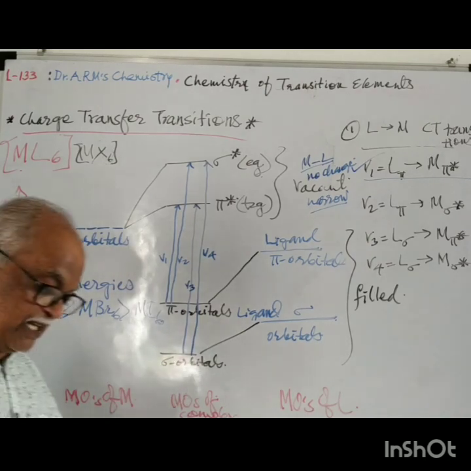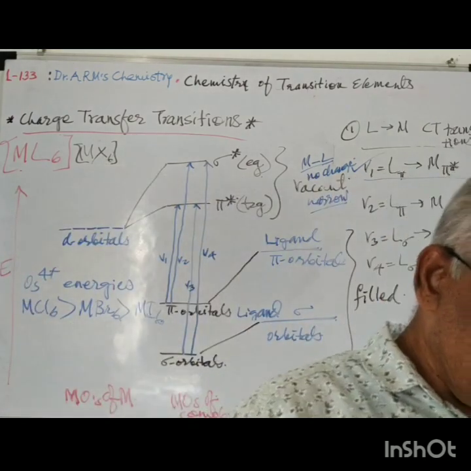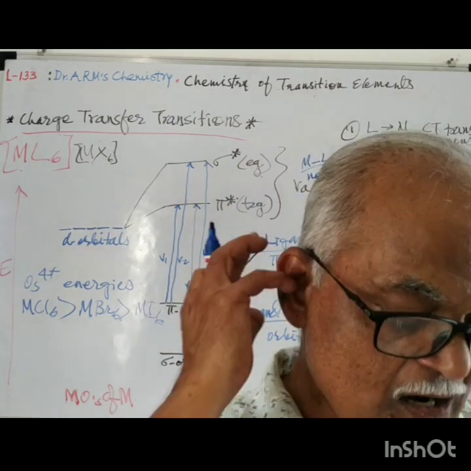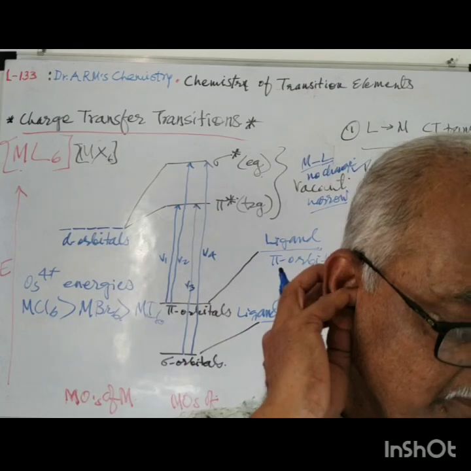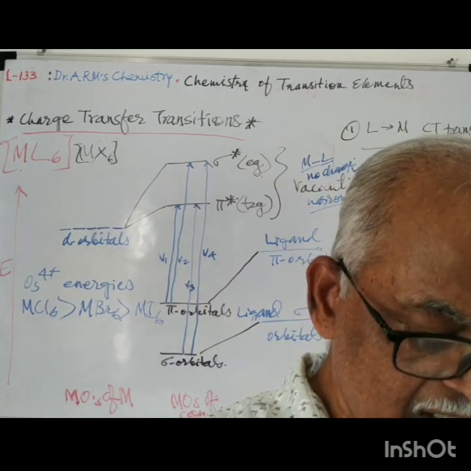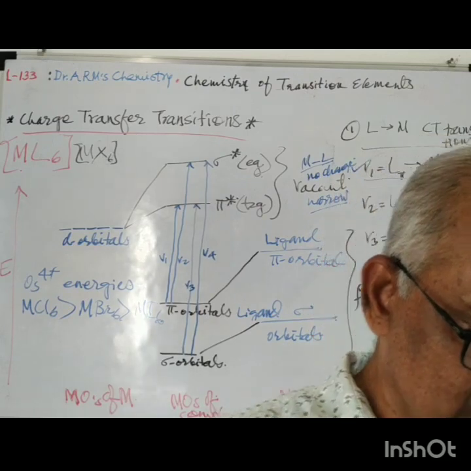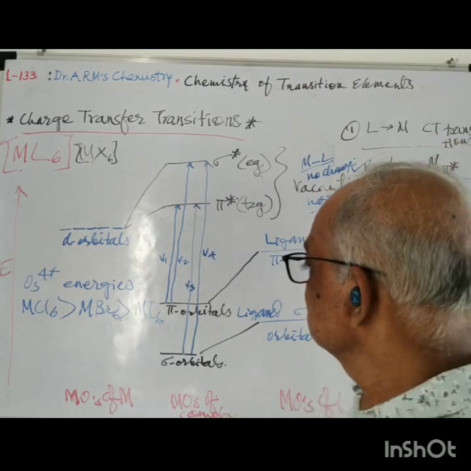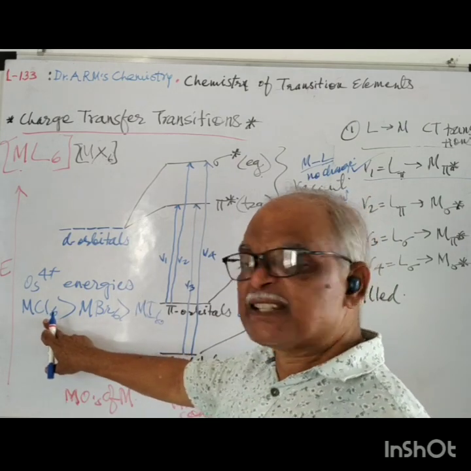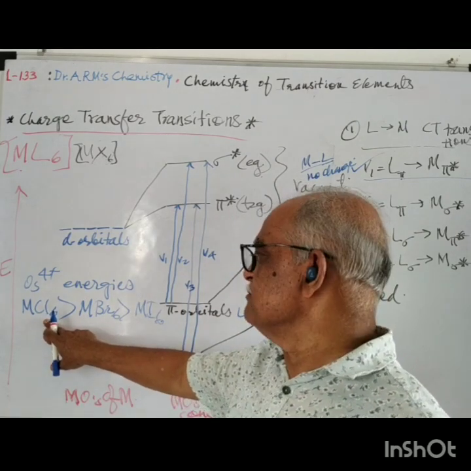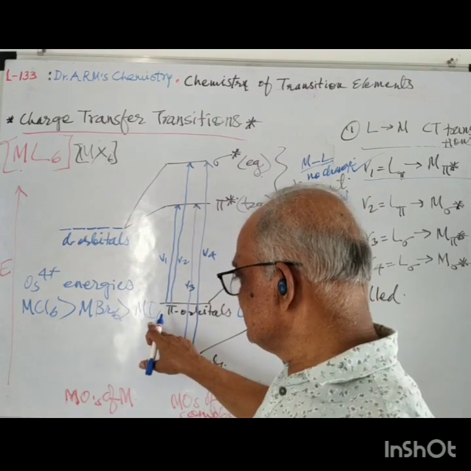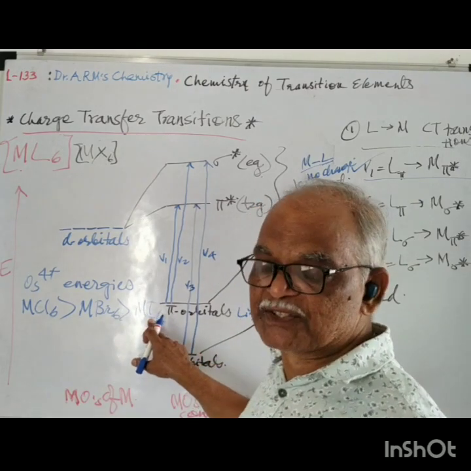So this order depends upon the ionization potential of the metals and the easier oxidizability of halogen atoms. So Cl- is less easily oxidizable than Br-, and Br- is less easily oxidizable than I-.